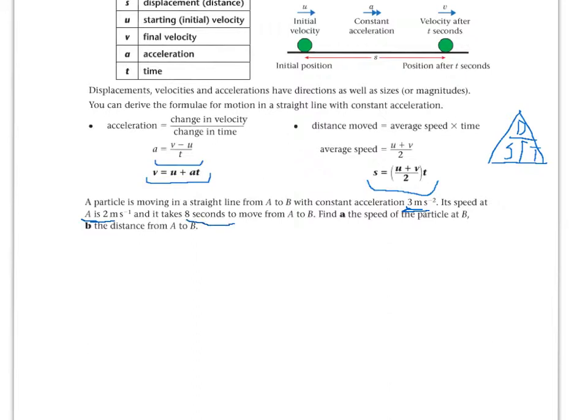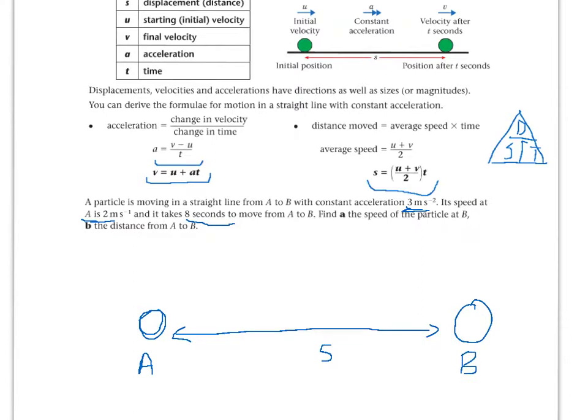So, our diagram: this is point A, and this is S distance apart, and there's our particle at B. At the start we're told its initial velocity is 2 meters per second, and at the end we don't know, so that's a question mark.